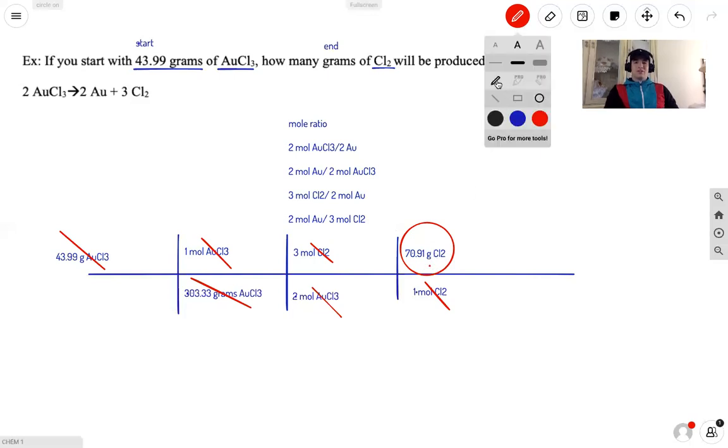So my answer is going to be in grams of dichloride. It's not canceling out. That's the only thing I have left.